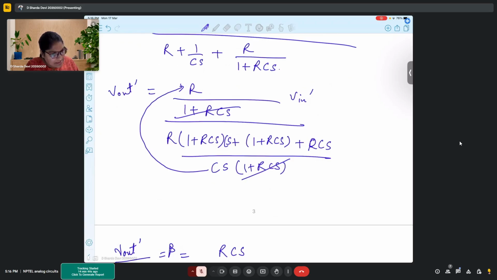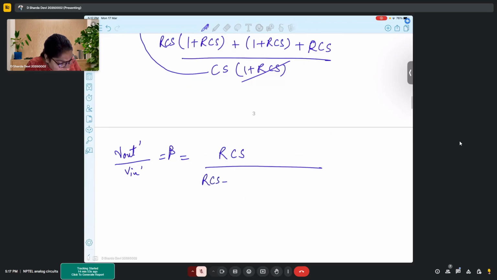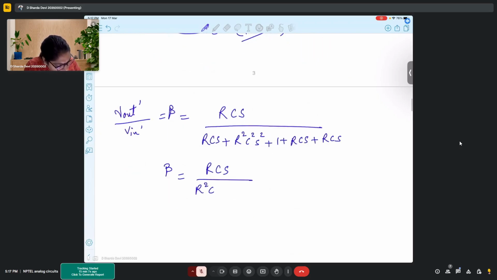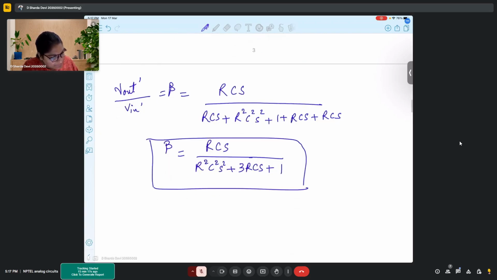Here it will be 1 plus RCS and here multiplied by CS. So it is RCS plus R square C square S square plus 1 plus RCS plus RCS. So beta comes out to be RCS upon R square C square S square plus 3RCS plus 1, right? So this is the beta.